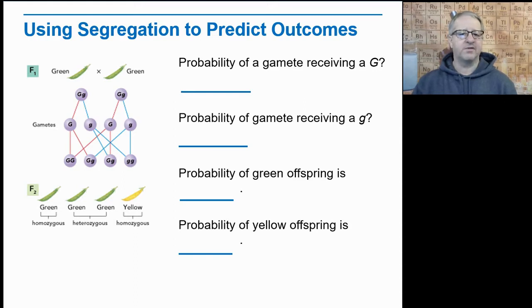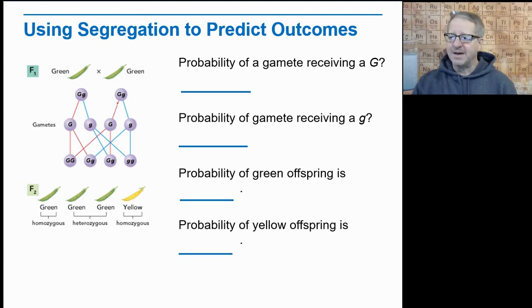All right, so let's walk through this. We have the F1 generation, and we see that the alleles for this green one here are big G and little g. This green one is also big G and little g. That's heterozygous, because they have one of each, one dominant and one recessive, to use the technical term.